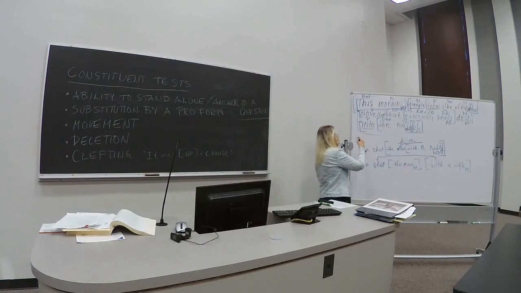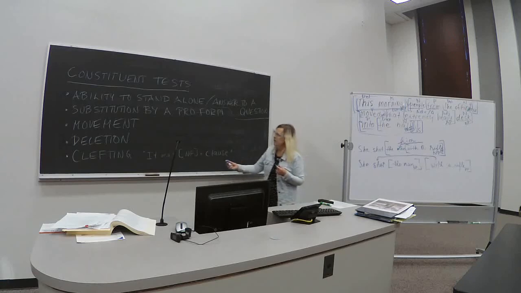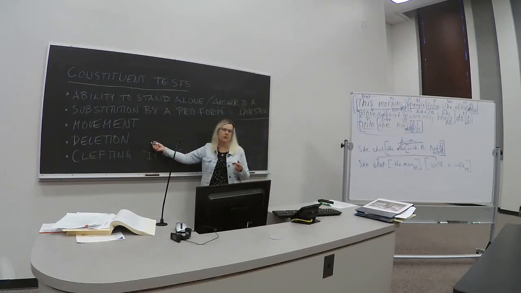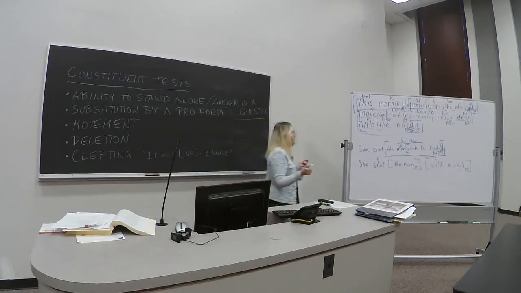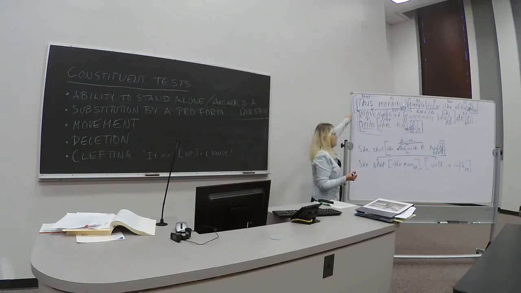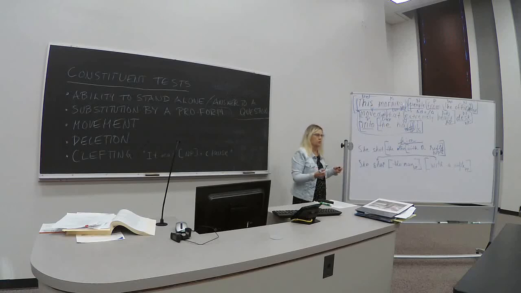It can appear either in the beginning of the sentence or at the end of the sentence. Deletion is another test. If you can leave out this morning, for instance, and it would still be a good sentence, then that would be an additional test to see that it's a constituent.